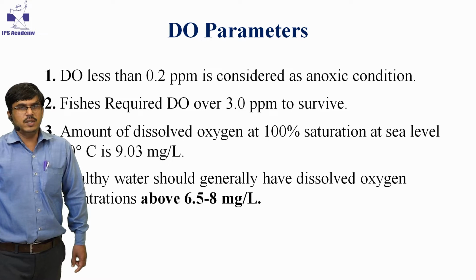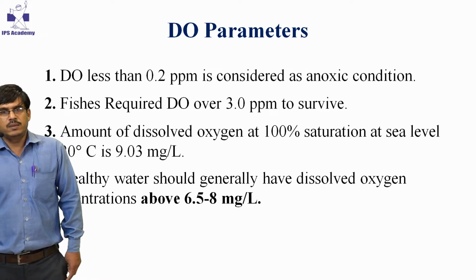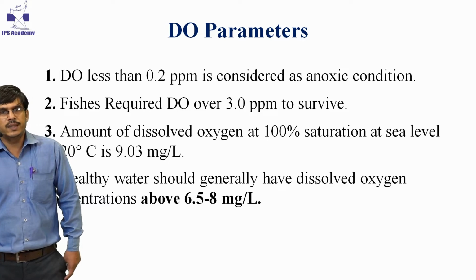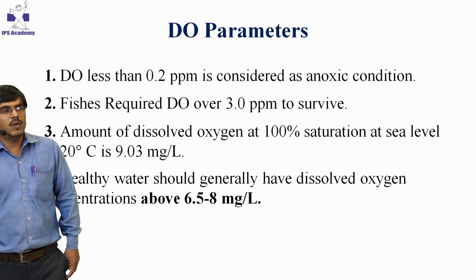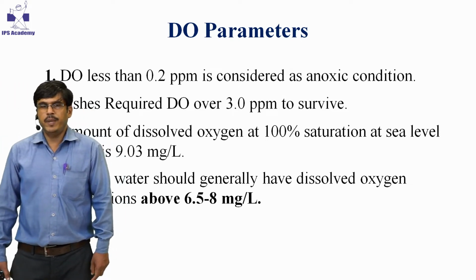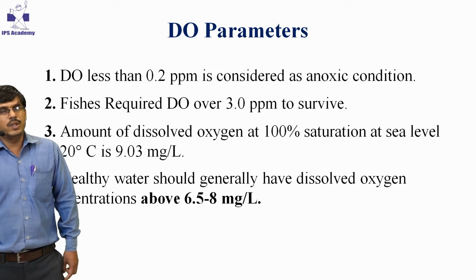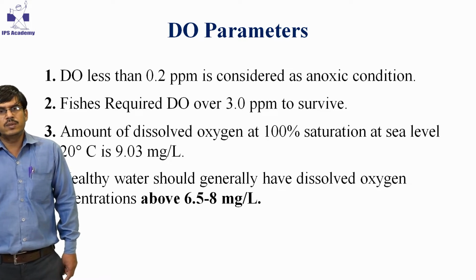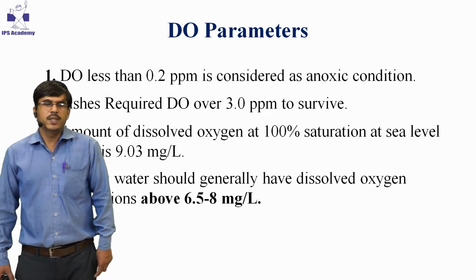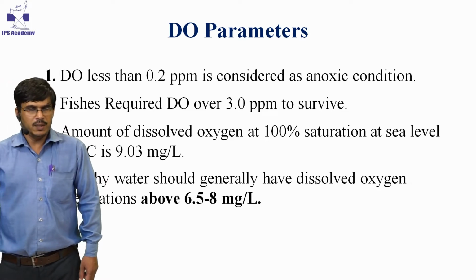In seawater, at 100% saturation at 20 degrees centigrade, the dissolved oxygen ideally found is 9.30 ppm. And in a healthy water body, when we measure DO, it is found in the range of 6 to 8 milligram per liter.